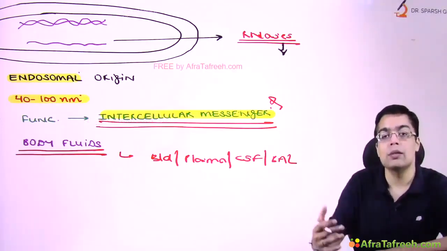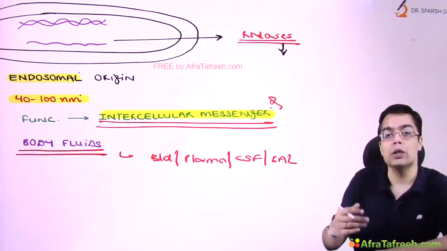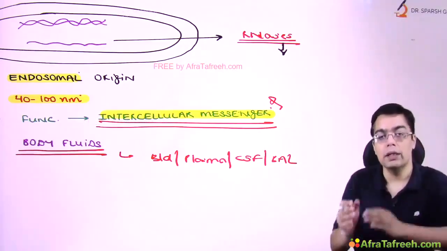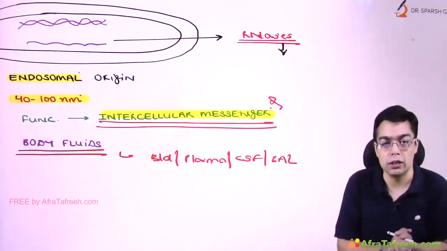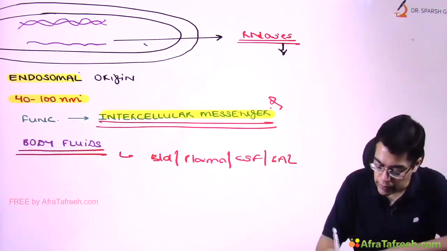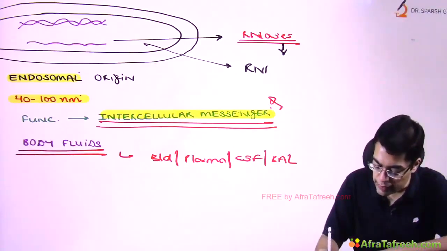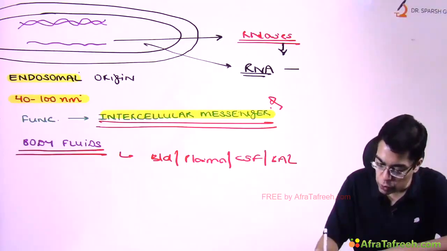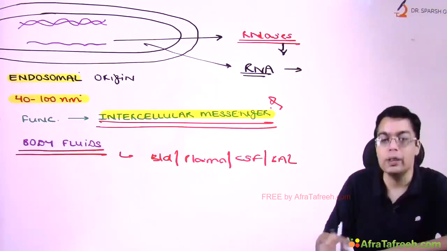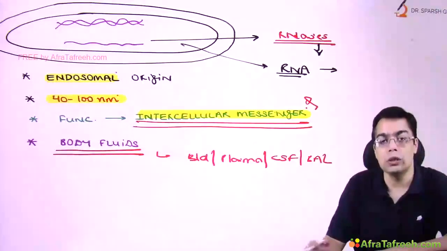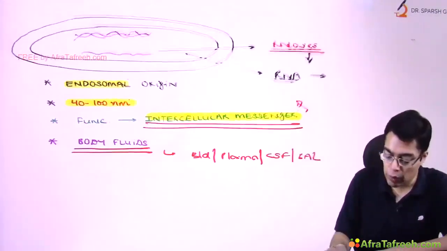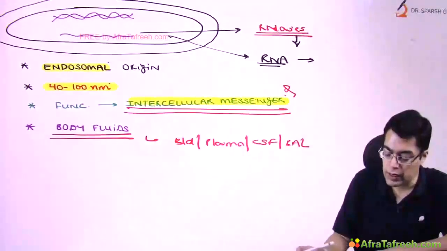If it is more stable, that means it is going to be useful for better detection, as it will be having higher sensitivity as well as specificity. So this RNA that is available in case of an exosome is going to be useful, and this is going to be analyzed further to detect the presence of the specific defect or the mutation which may be present in a particular tumor. So those are the important words that we need to remember so far as an exosome is concerned.